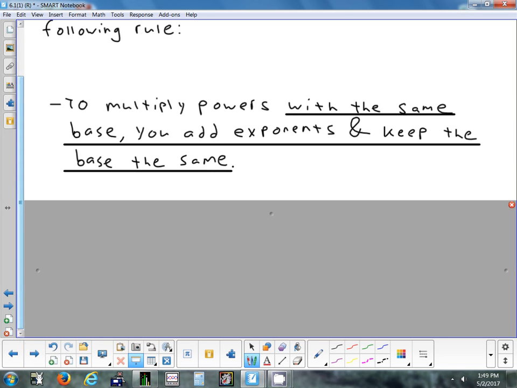And this is the first, I think there's 3 rules today. Product to a power, power to a power, yeah. So if there's no parentheses or anything like that, guys, we're just gonna see what we got for bases that are the same: keep the base, add the exponents, add those small numbers.